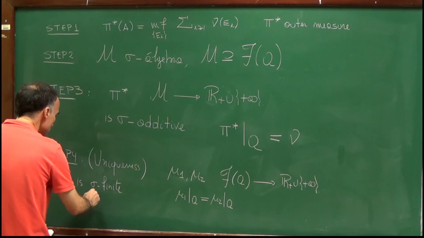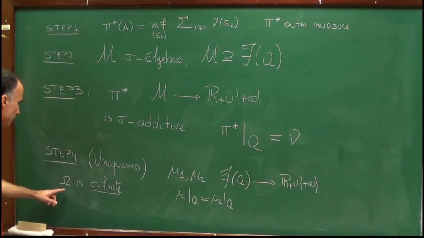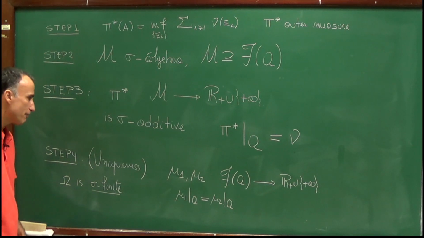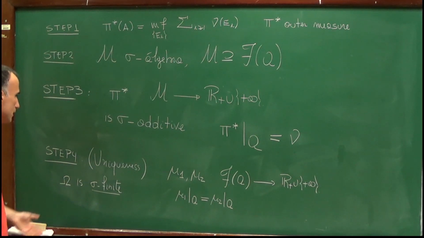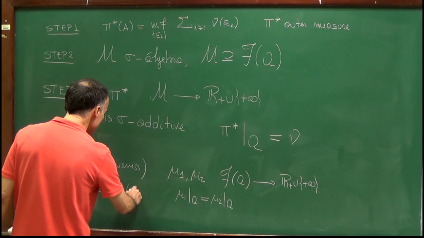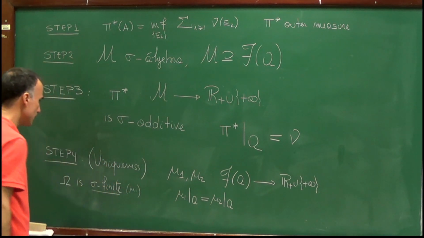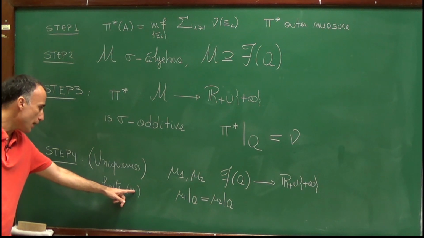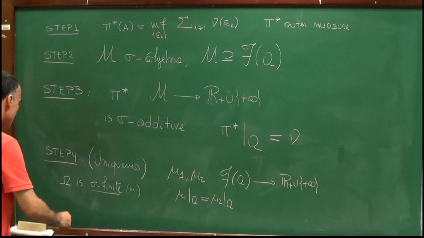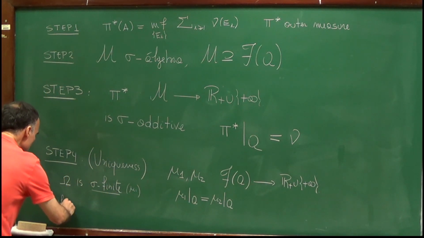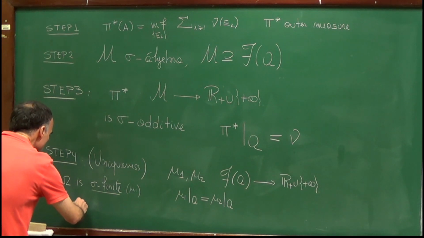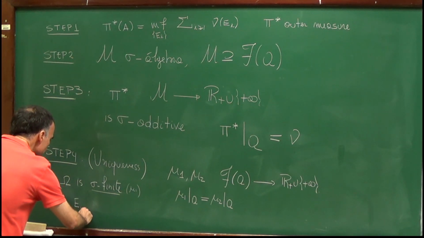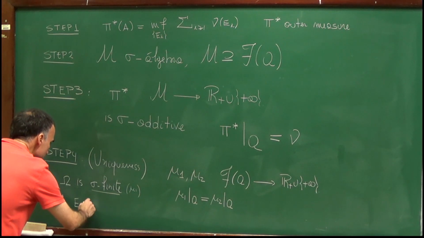So here is a new concept. A set being sigma finite means the following, and this will depend on the measure, so let's say mu1 sigma finite. We'll say that omega is mu1 sigma finite if there exist sets ej which are increasing to omega.